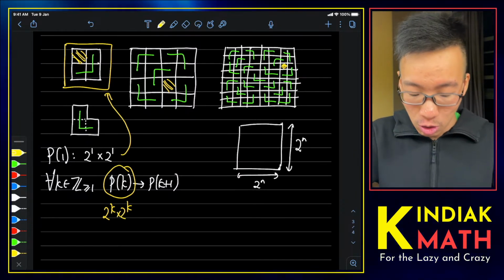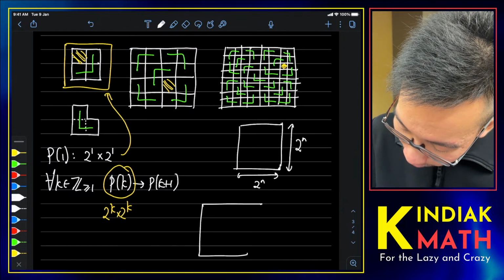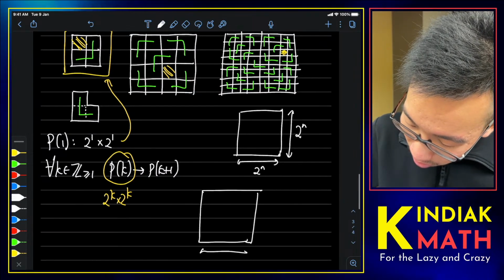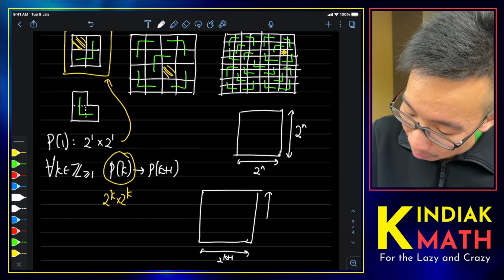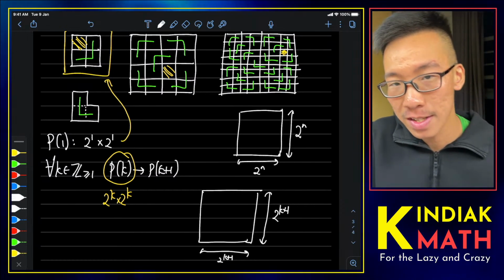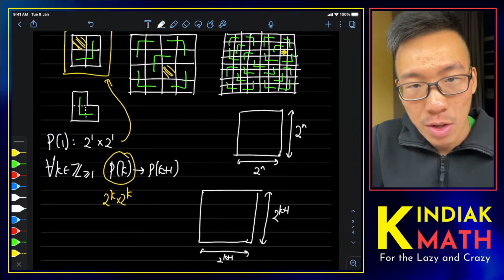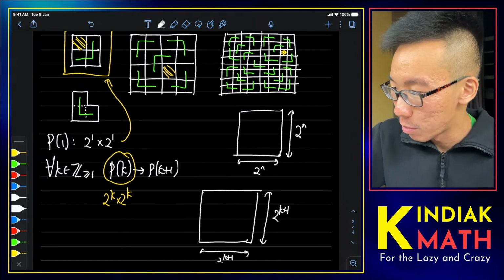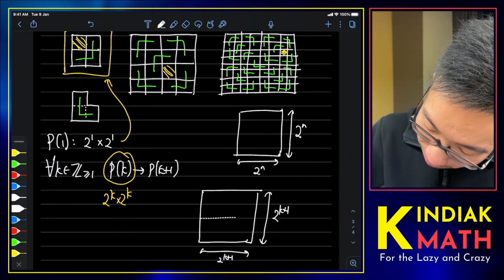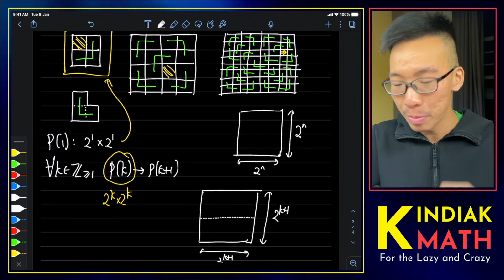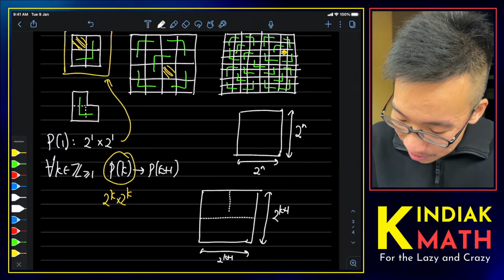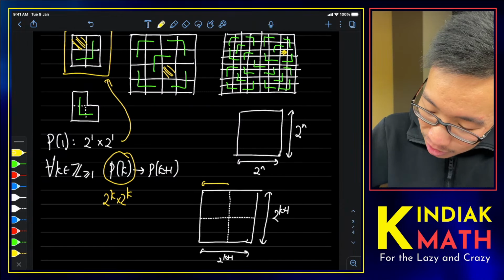So we want to show that the 2^(k+1) by 2^(k+1) board is tileable. That's pretty important. So we're going to draw a bunch of things. I'm going to split this up into 2, because if you divide by 2, you're going to get 2^k's. And 2 to the k is really, really useful.